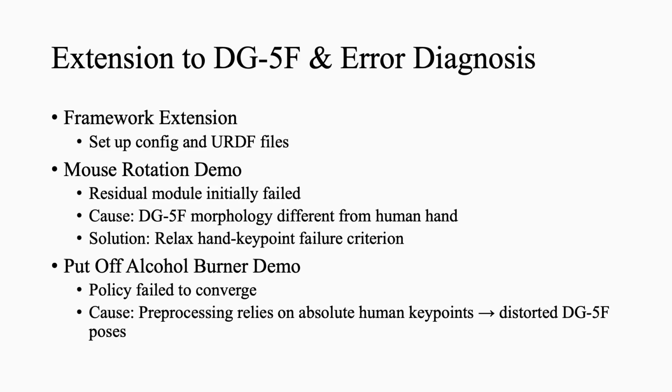In the put-off-alcohol burning demo, the policy still failed to converge after we changed the criterion. And we found out that the problem lies in preprocessing, because preprocessing relies on absolute human key points, which result in distorted DG-5F poses.